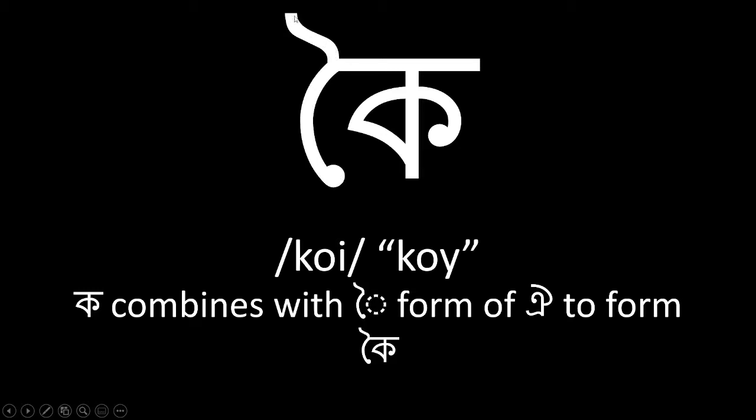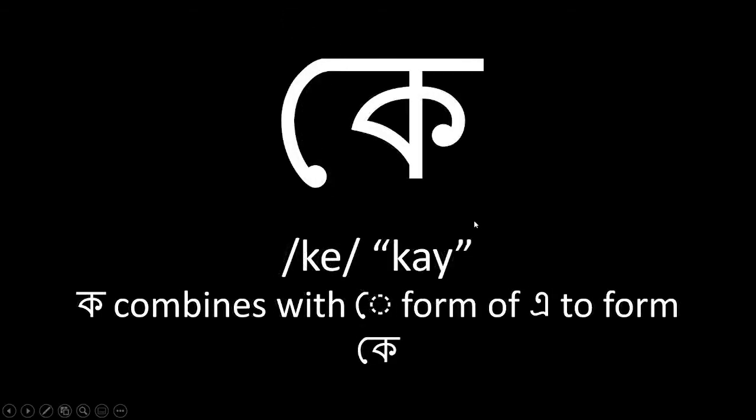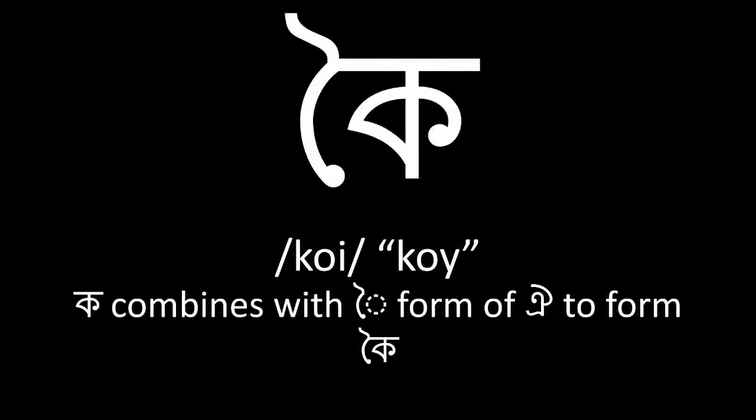The flag here on the top tells you that it's different from this one. This one is ge, but this one has a little flag on the top. The flag tells you that this is not the letter K, this is the letter goi. So this vowel symbol here, oi, is the reduced form of this vowel here, oi.